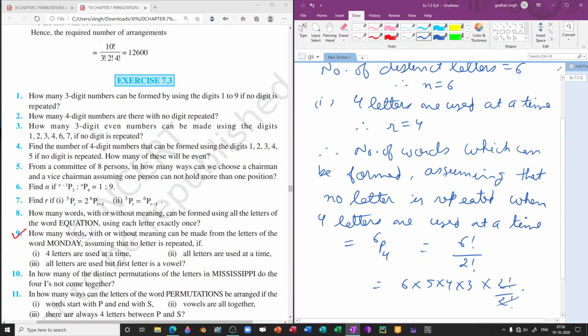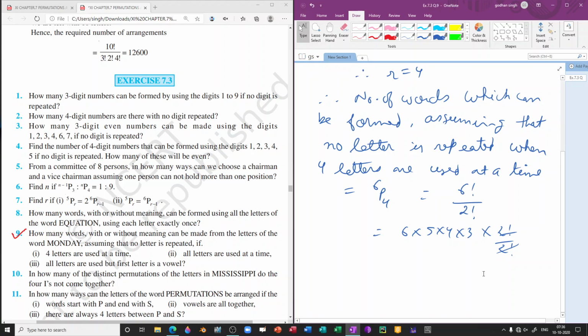So both being cancelled out, and let's simplify this. 5 into 4 is 20, 20 into 3 is 60, and 60 into 6 is 360. So there are 360 ways in which we can write words containing 4 letters at a time from the word Monday. So this is answer of question number 9, first part.